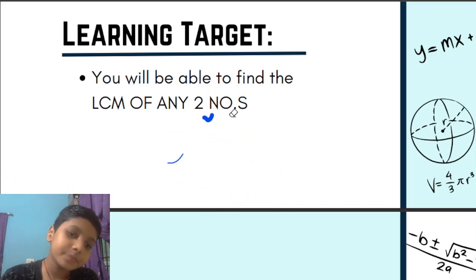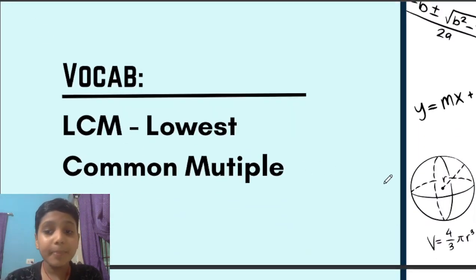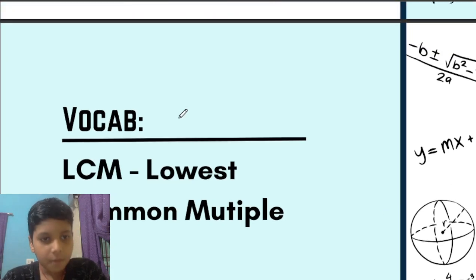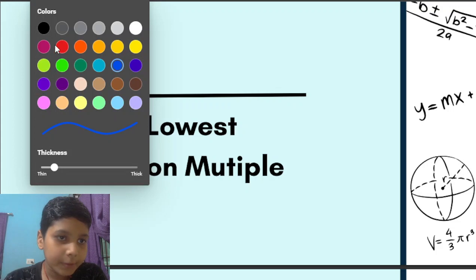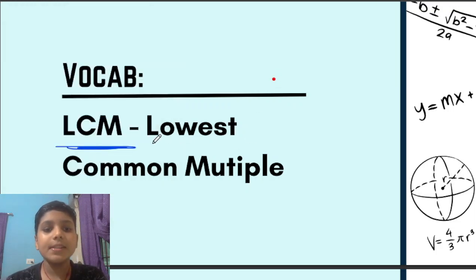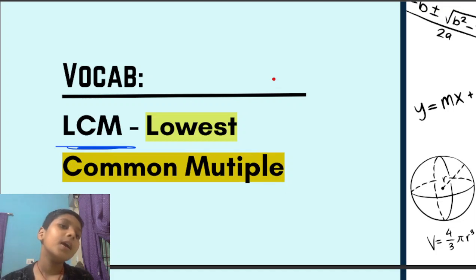Let's start. So now let's understand some basic terms. What is LCM? First of all, let's understand. Let me choose a different color pen. So what is LCM? LCM means the lowest common multiple. When we take two numbers, we have some common multiples of them.